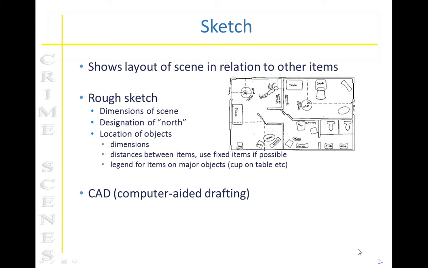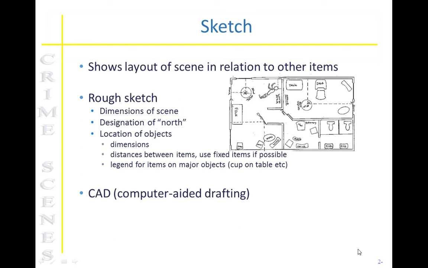So a sketch of the room itself will help put things in relation to other items that are also contained in that same room, where a photograph may take 3 or 4 photographs to actually show that room itself. The crime scene sketch may be comprised of a single room, or it can be a larger area depending on the crime scene itself.